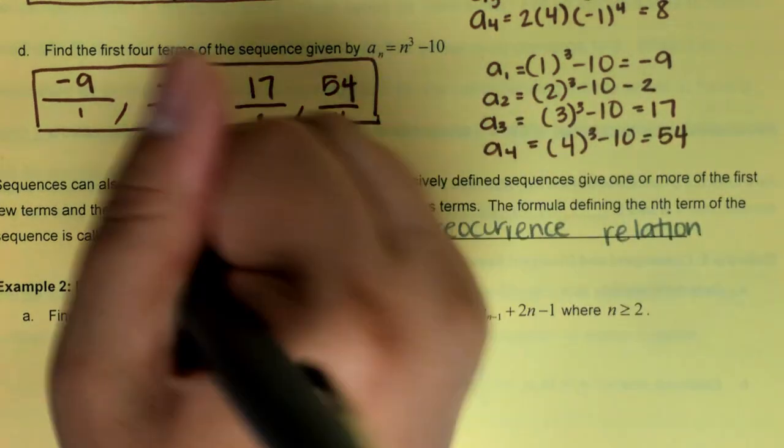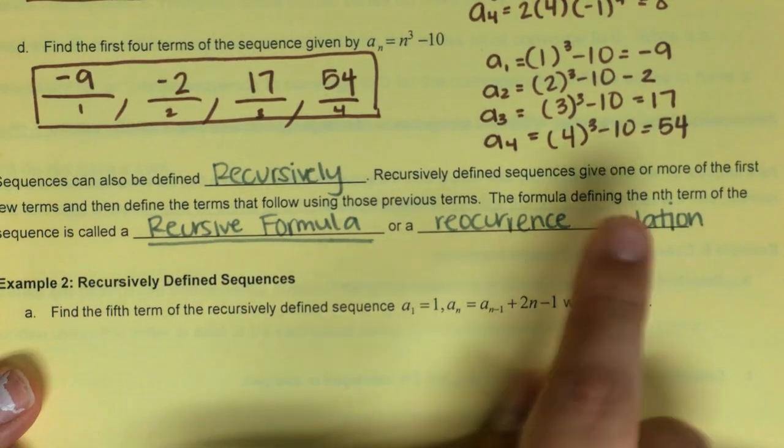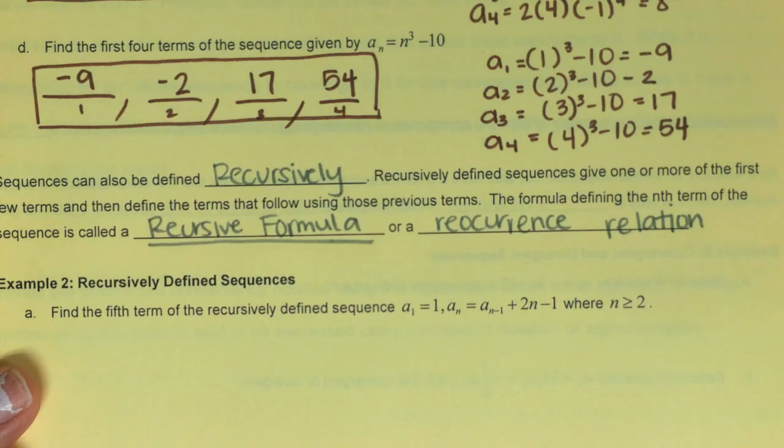If I'm being honest, we will always call it recursive formula. However, if you go to a different school and learn more about sequences and series, that professor might call it a recurrence relation. Just know they're the same.